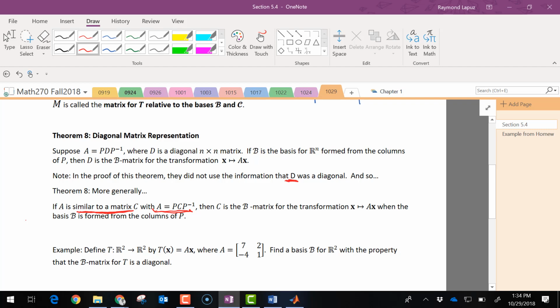As long as it's similar, it has this property, and it doesn't have to be diagonal. If C was a diagonal matrix, that would be great for more computations in the future. But if it's not diagonalizable and it's still similar, we still have this property. So the diagonal matrix representation is a special case if it's diagonalizable. If it's not, you can still change the basis this way.